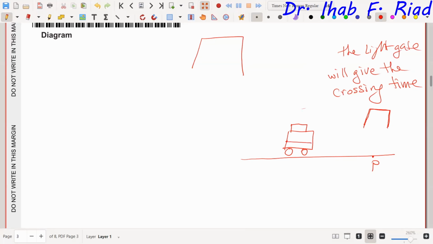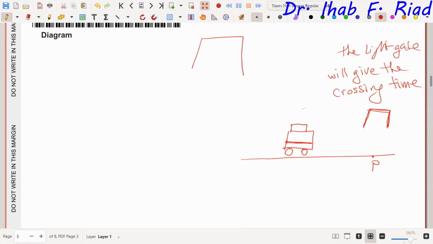We allow the trolley to go through the light gate. Can you imagine that, Dean? Yes, I can. So we allow the whole trolley to go through the light gate. As it goes through, it is going to block the laser light. Are you following? Yes, I am.